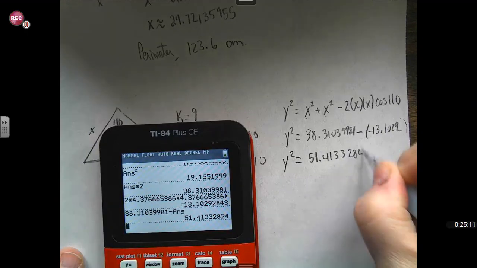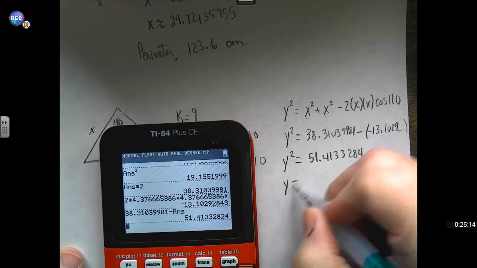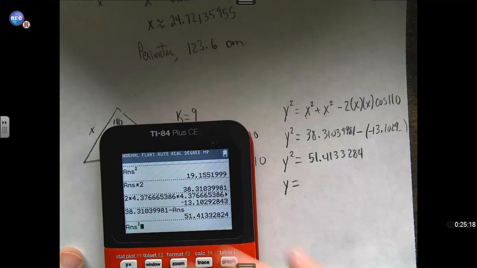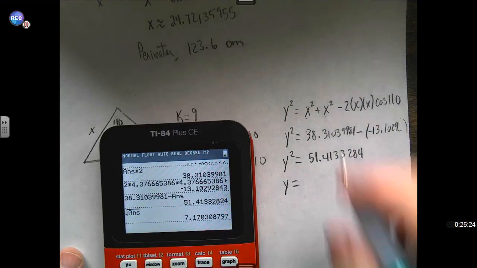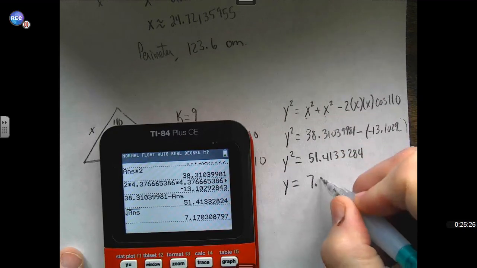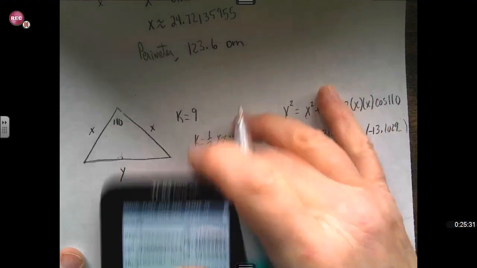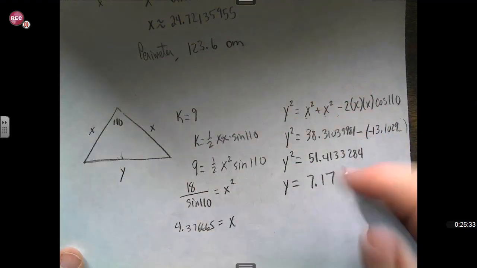I'm going to guess the answer is 7.2. Now I want to take the square root of that, not that. I get 7.17, which is 7.2. My guess was somewhat accurate. And so then I just add.